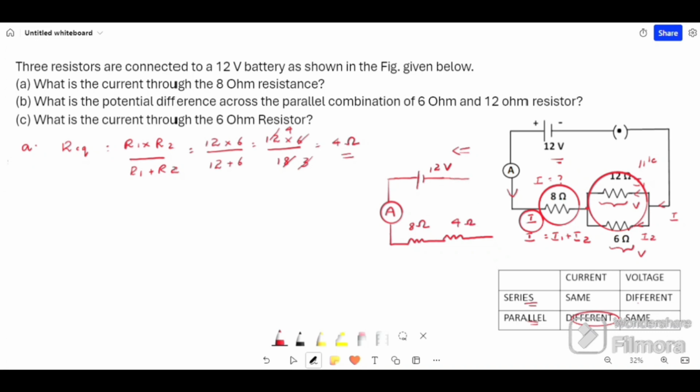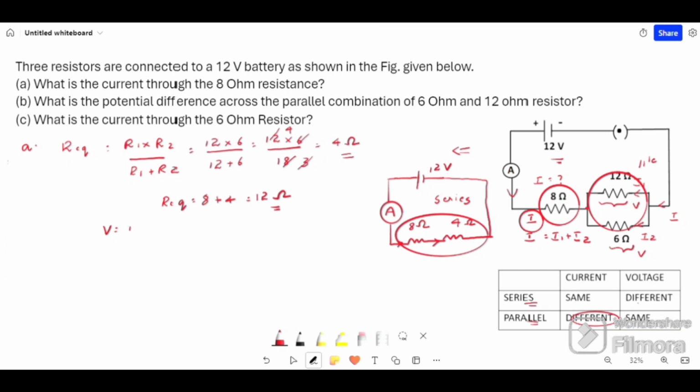Then we have a simple switch as shown in circuit. Now we know that same current will flow in resistor 8 ohm and 4 ohm because there is only one path. So it is connected in series. For series connection, we know the formula R1 plus R2. So 8 plus 4 equal to 12 ohm. So R equivalent is 12 ohm.